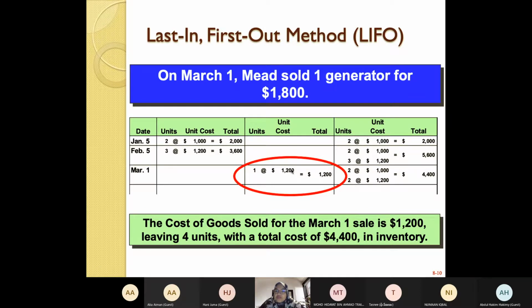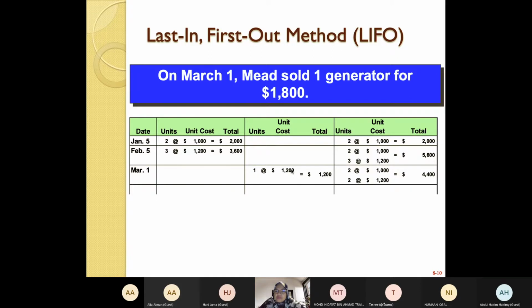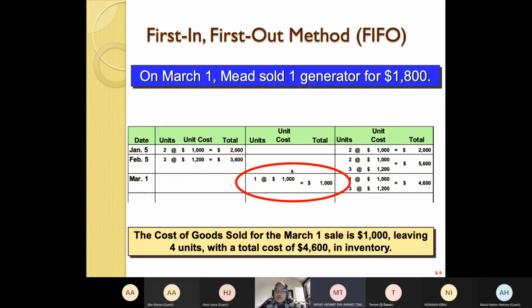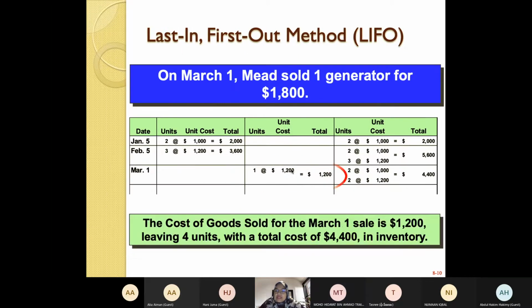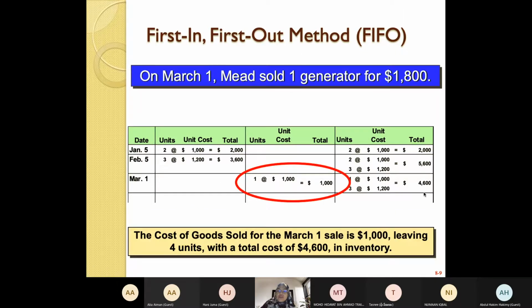Can you see the difference between first in, first out under FIFO, and last in, first out under LIFO? Under FIFO, the cost of goods sold is 1,000 and the closing stock is 4,600.